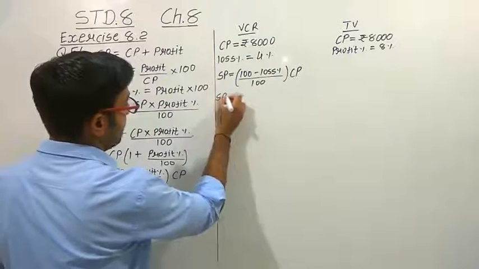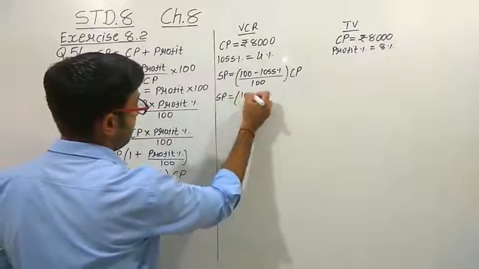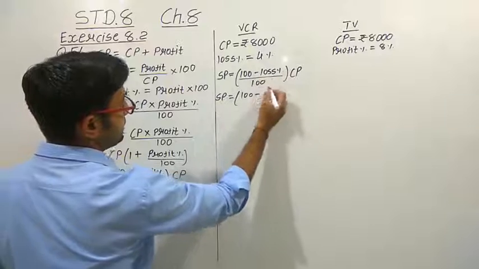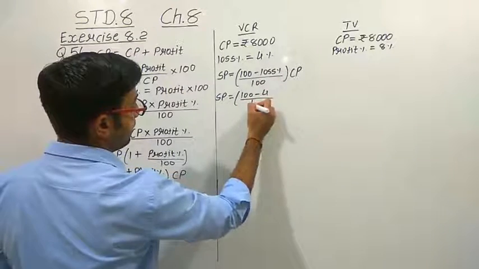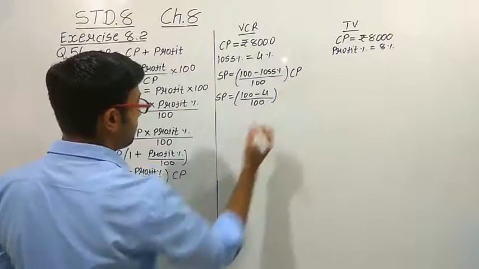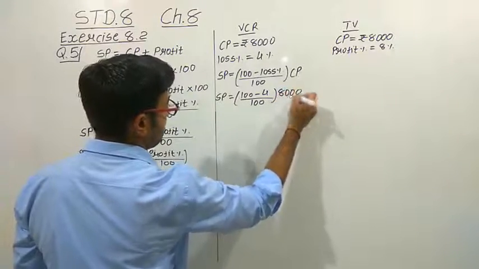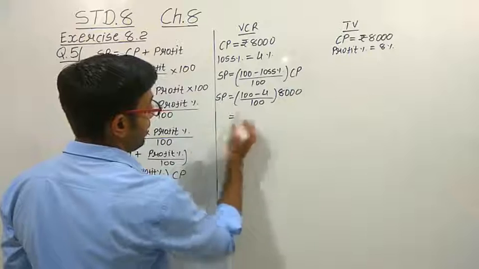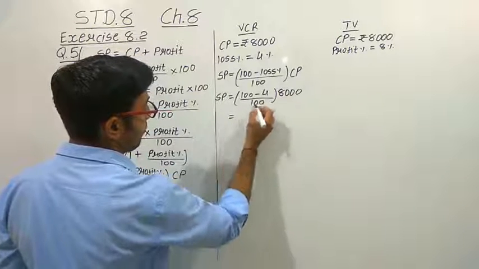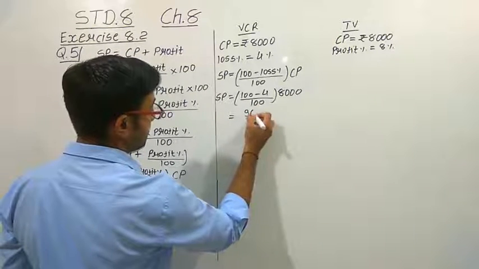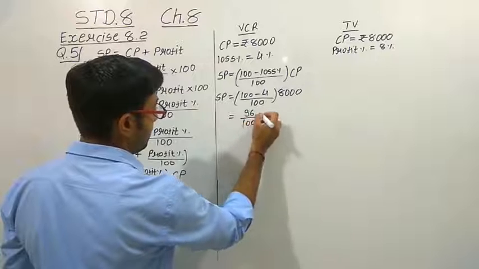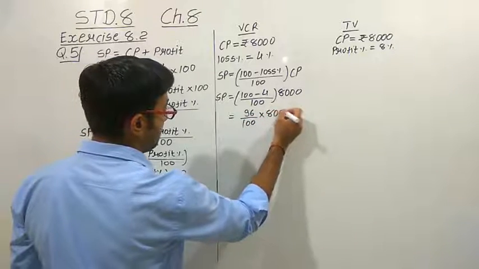Loss percentage is 4, so put 4 here, upon 100 into cost price. Cost price is 8,000. So now 100 minus 4, that is 96, upon 100 into 8,000.